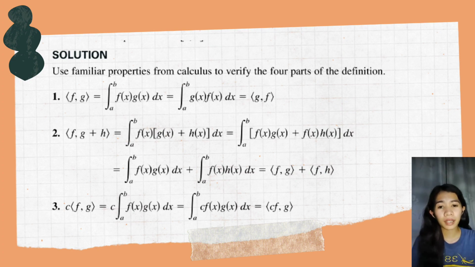It means that c as your scalar times the integral from a to b of f of x times g of x dx is the same thing as the integral from a to b, moving the scalar inside the integral, of c times f of x times g of x dx, which is the same as the inner product of c times f and g.